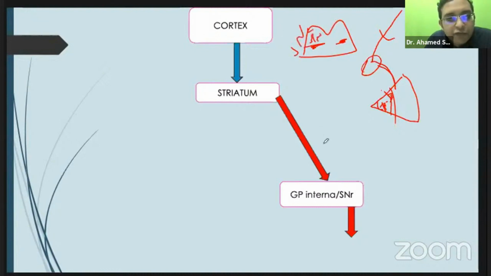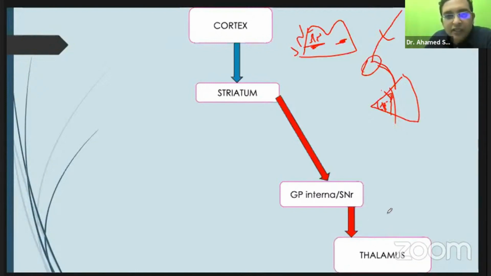So don't confuse much. Substantia nigra reticulata, SNR, is almost similar to what we see here in globus pallidus interna. So we together write it like this. Remember, this will be helpful for your theory also for the final years: cortex, striatum, GPi, SNR. So this finally goes into what is called the thalamus.